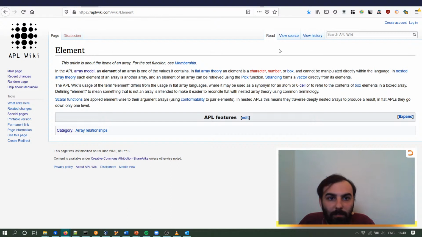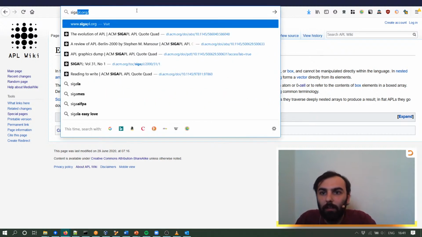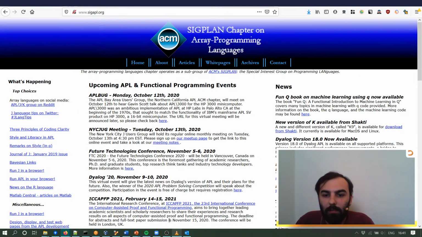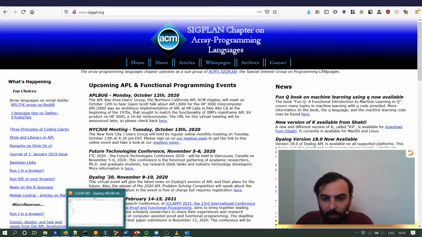And whoever's written this, presumably Marshall, has tried to make it clear what the APL wiki's usage of element means versus what it might be used in flat array languages or the contents of a box in a boxed array. Okay, I think that's that for terminology.